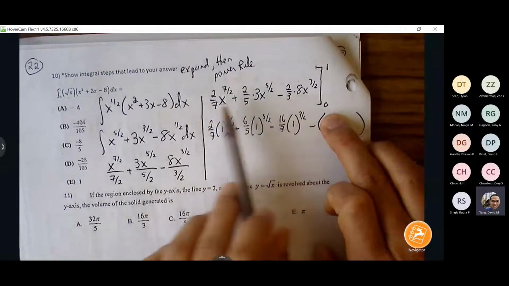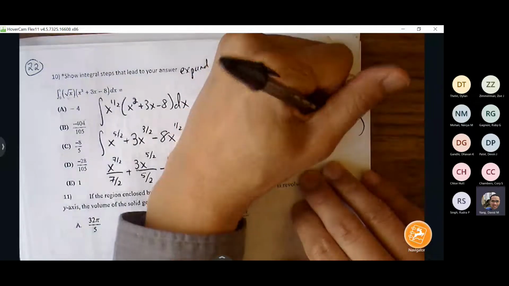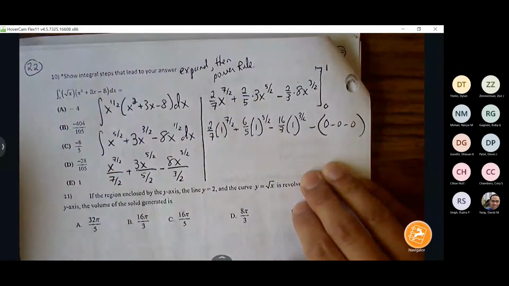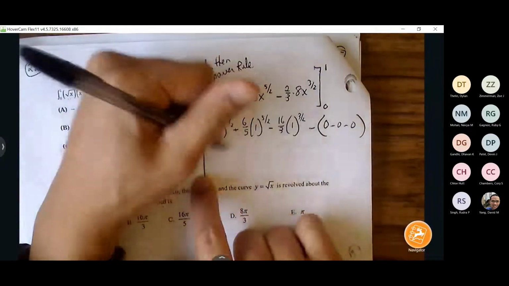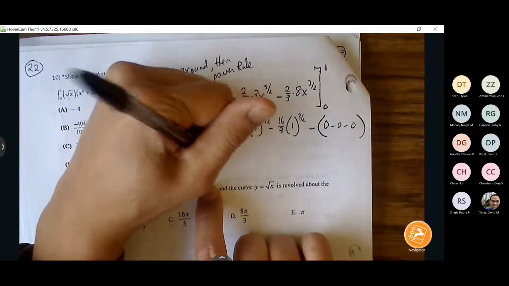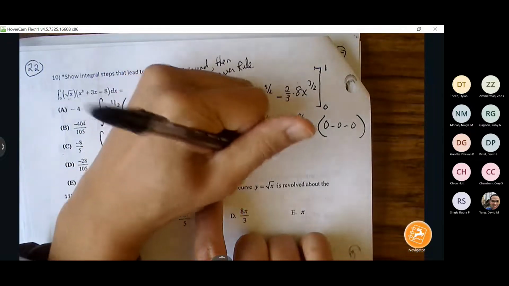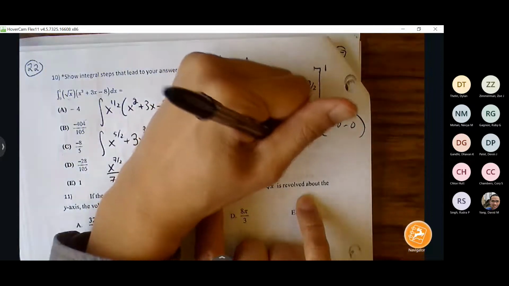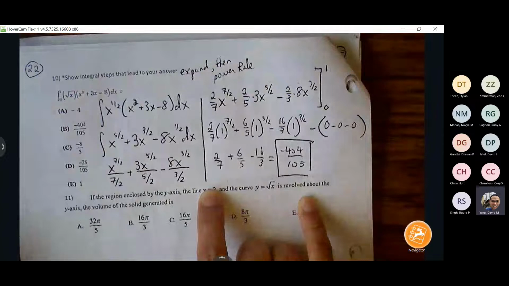The x's are all sitting at the base level, so everything will go away to be 0 in this case. Okay, use our calculator to do our finishing touches here.